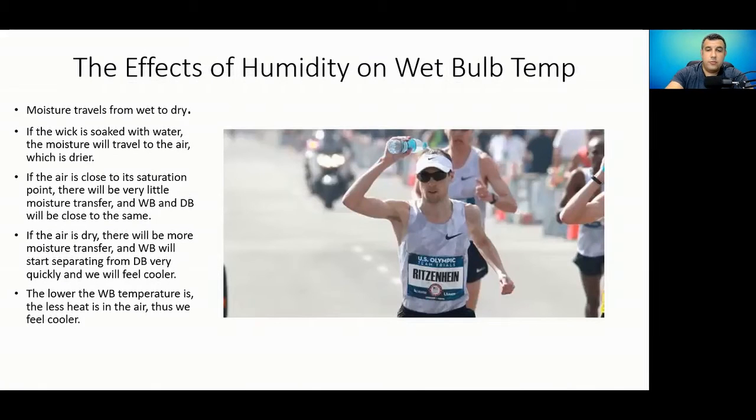Notice this runner in the slide here. He's pouring water on his head. Now, that water didn't come out of a refrigerator. It's the same temperature as the air around him because it's probably been sitting on a table all day. But why does he feel cooler when he pours that water on his head? And why does he continue to feel cooler for a long time after he's done that? That's because his hair has absorbed that water.